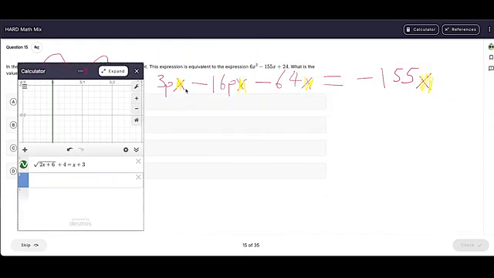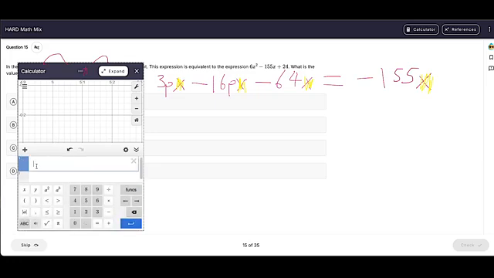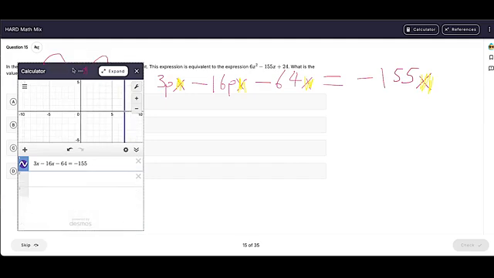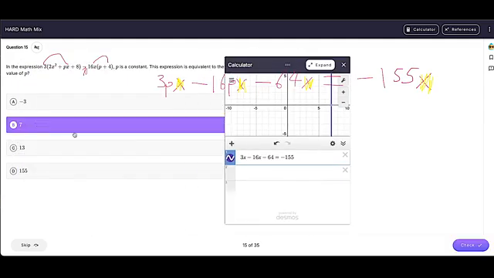So all we have to do is make sure that we turn p into x, because Desmos wants you to use x. So we'd have 3x minus 16x minus 64 equals negative 155. And that'll give us 7. So our answer is 7.